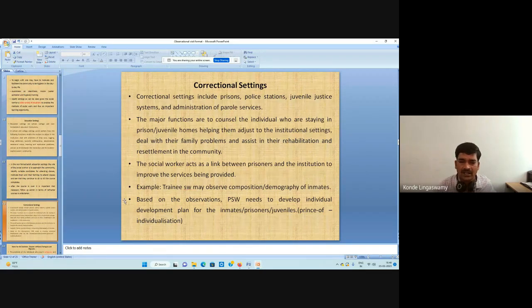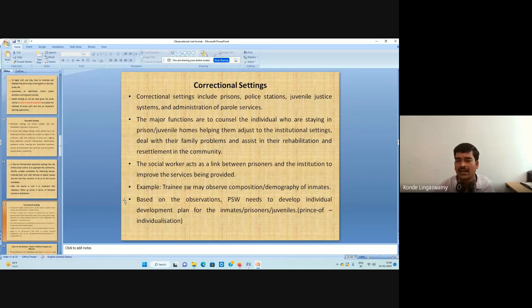For example, in one case, we can provide some educational facility to juveniles aged under 16 or 17. As a professional social worker, we need to prepare a development plan for the particular juvenile.